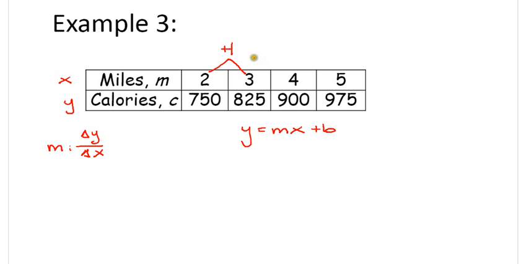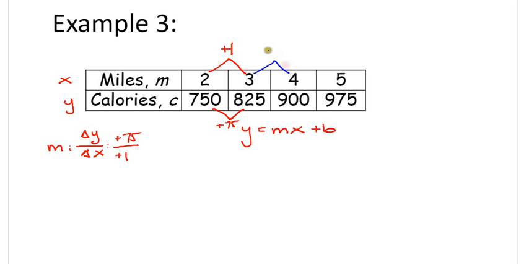So here I'm finding that for each change in the x, so I found the denominator first, the calories I burn go up by 75. And I'm just going to test with this blue pen really quickly to see if this is a constant rate of change.